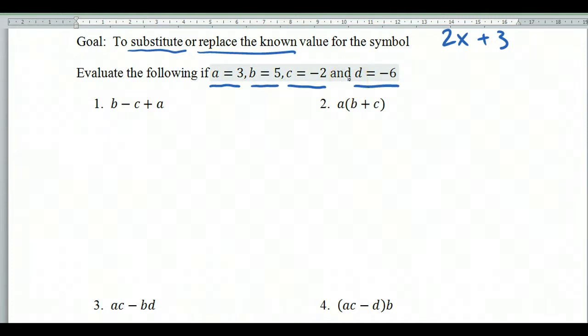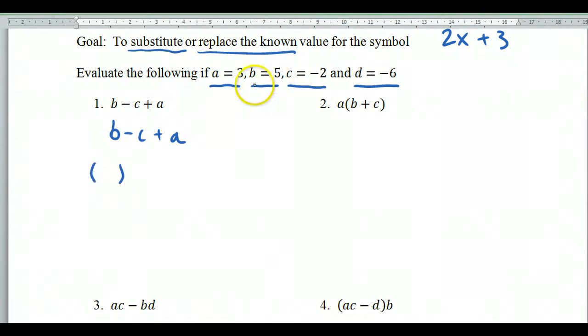So here's our code, and the first one is B minus C plus A. If we're going to decipher that code, in other words, get an answer, I need to substitute my numbers for the symbols. So let's go ahead and do that. I'm going to use brackets when I do substituting. So I'm going to put a bracket here, and now I'm going to find out what B is.